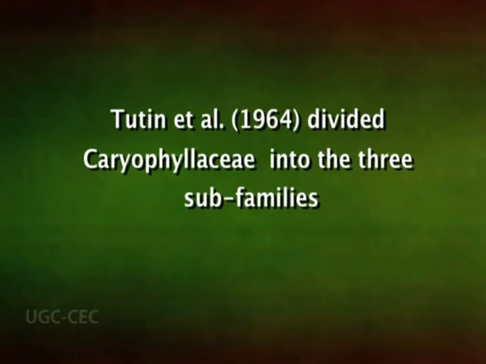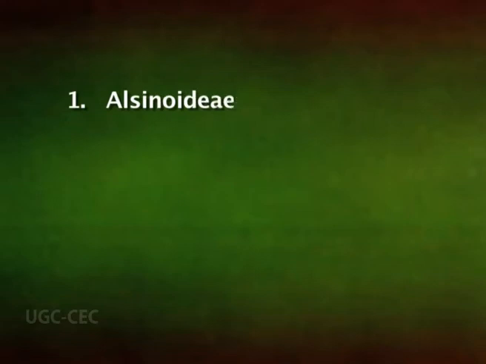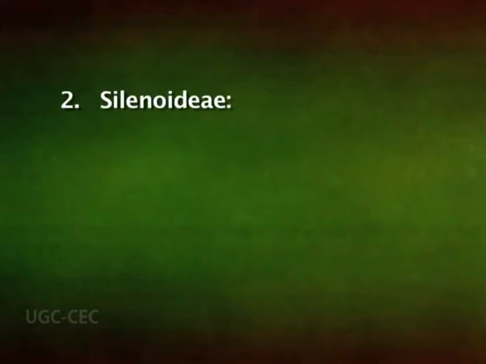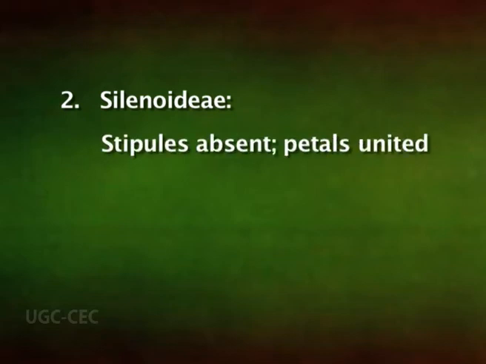Teuton et al. divided the family into 3 subfamilies. One, Alsinoideae, in which the stipules are absent and petals are free. Second, Silenoideae, in which the stipules are again absent but petals are united.